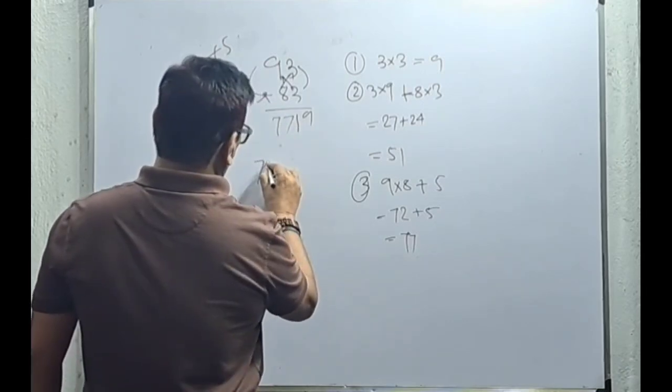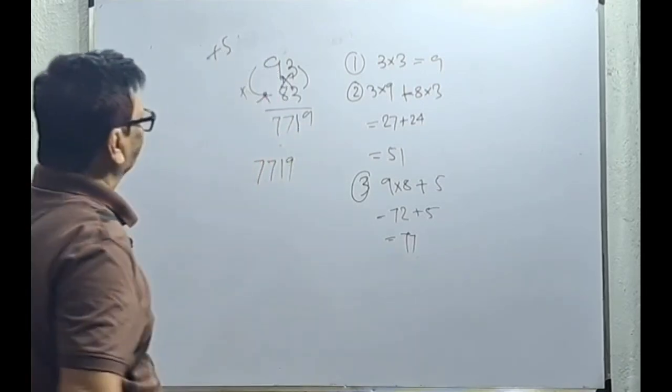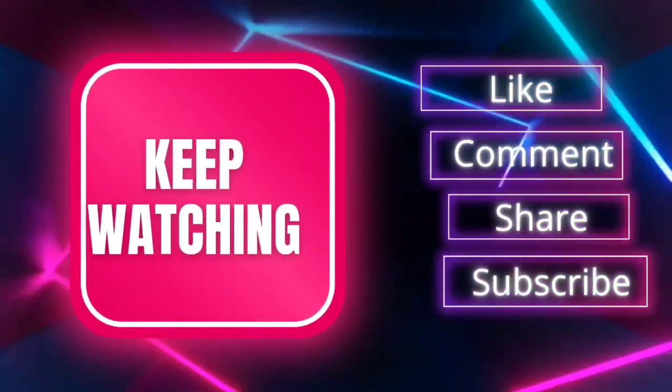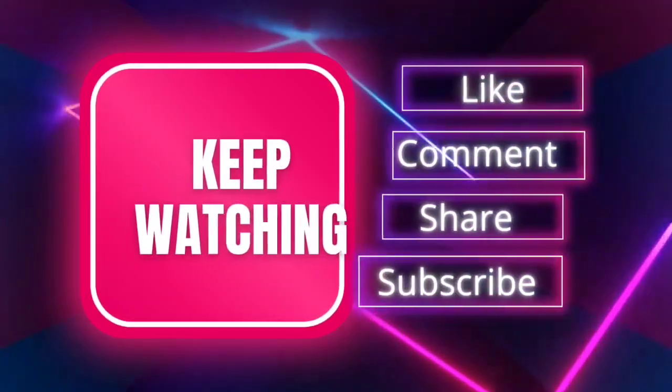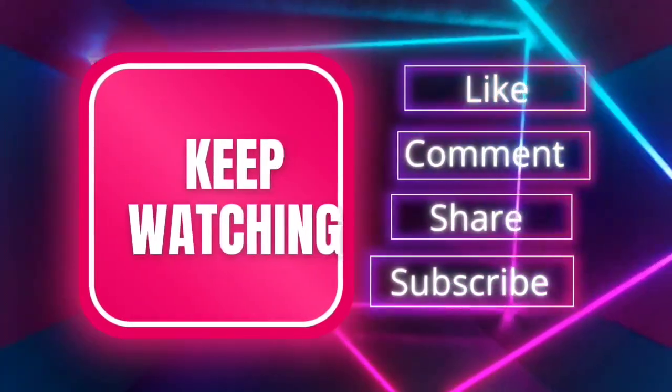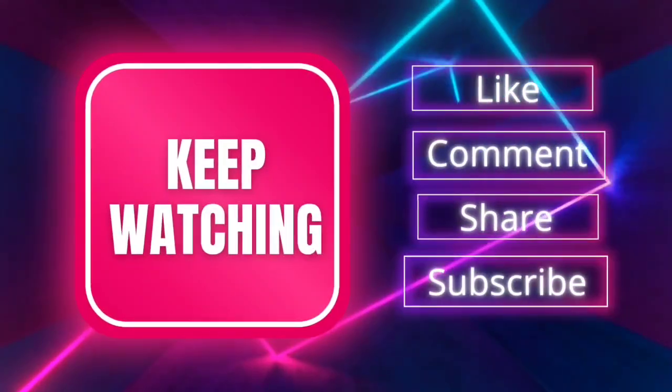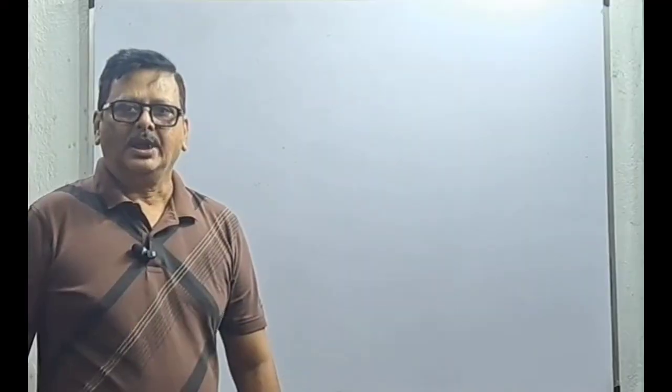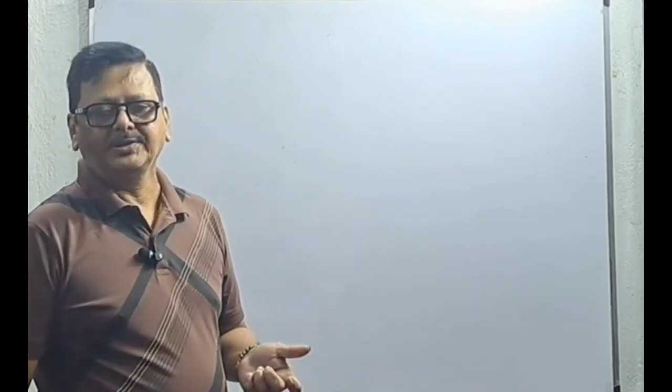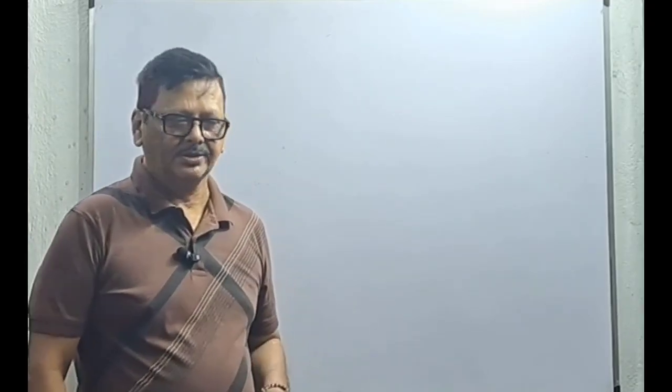So that's your number, 7719. Those were tricks to multiply a two-digit number with a two-digit number.